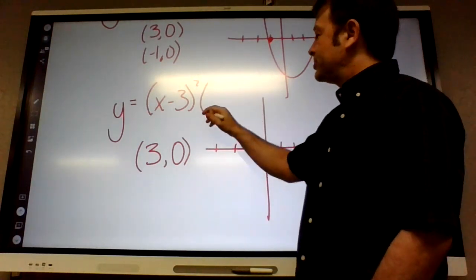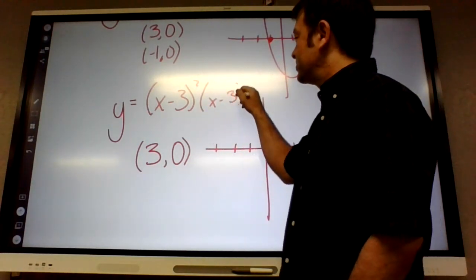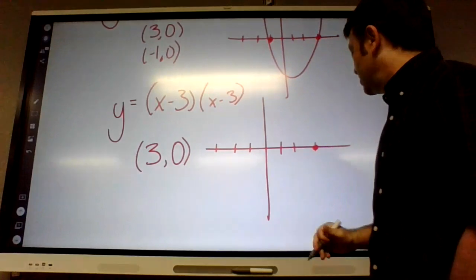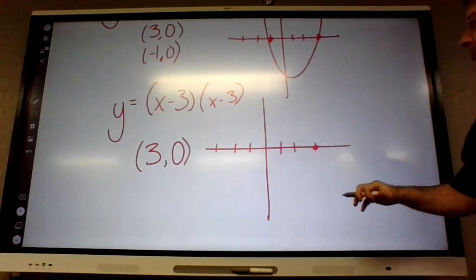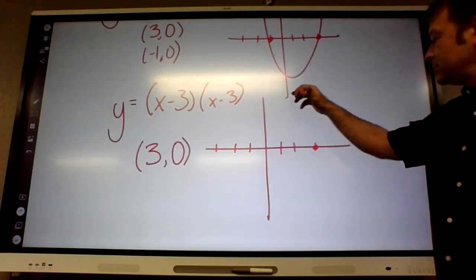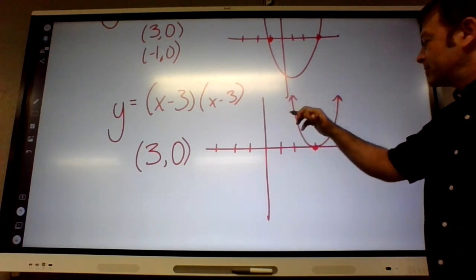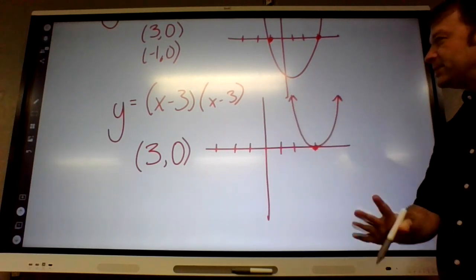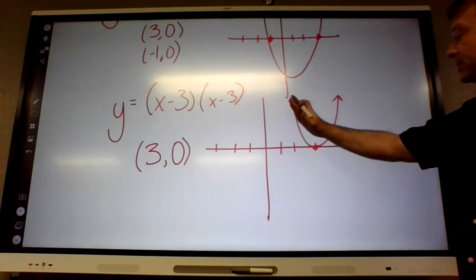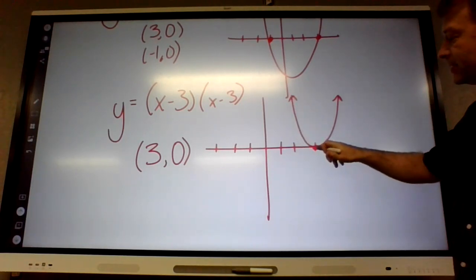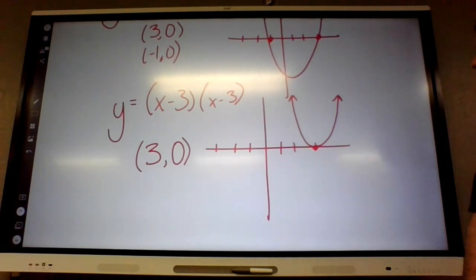I mean, it kind of happens twice. You could think of this as x minus 3, x minus 3. It's called a double root. At double roots, it's just gonna come and turn at that point. So it just hits the x-axis and it's tangent to the x-axis, and then just turns and goes the other direction. So it only hits once.